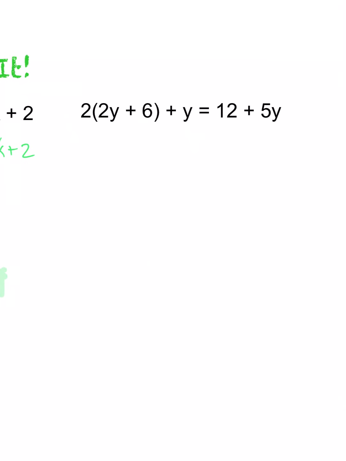Looking at the next one. Combine like terms. We have to distribute here. So I get 4y plus 12 plus y equals 12 plus 5y. Okay, combine like terms.